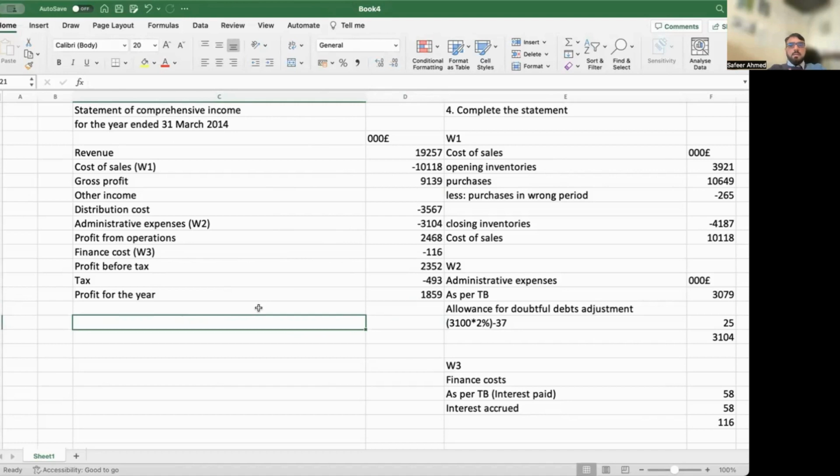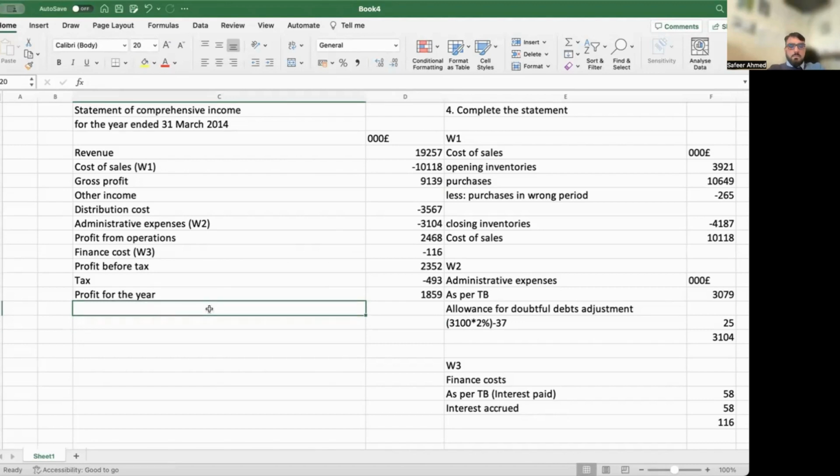Because remember, as per IAS 1, companies have two options basically. One is that they can just prepare one statement of comprehensive income. So as part of it, you will see the statement of profit or loss and then the other comprehensive income as the last part of this statement. Or companies can prepare two statements, one statement of profit or loss and another one, which is the statement of comprehensive income.